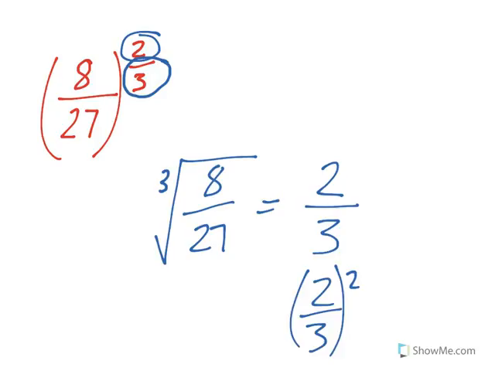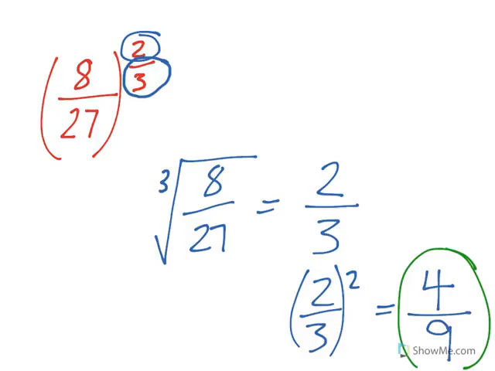Now remember, you've got to do this to the top and the bottom of a fraction, so I need to square both of these values. So 2 squared is 4, 2 times 2, and 3 squared is 9, 3 times 3. So my final answer for this question is 4/9.